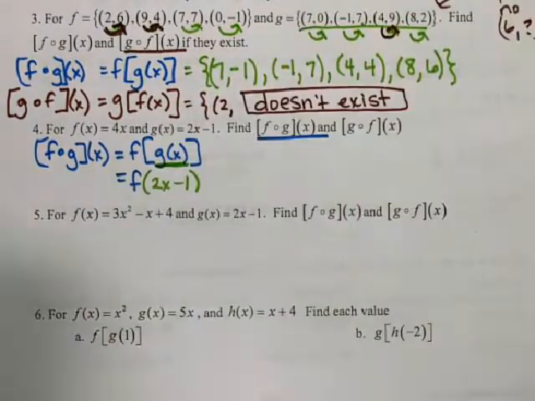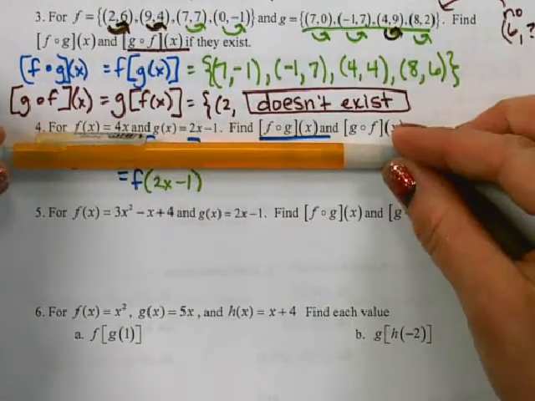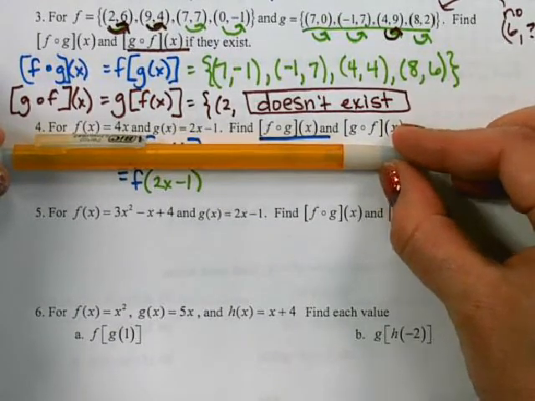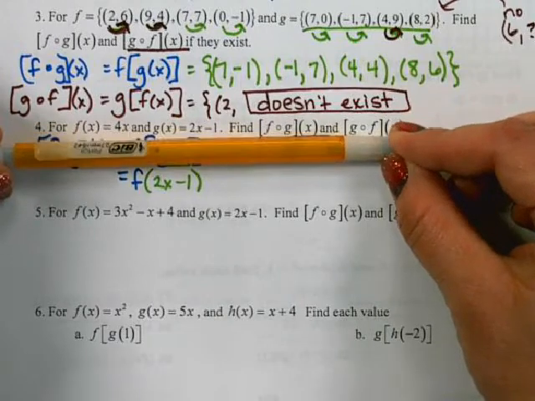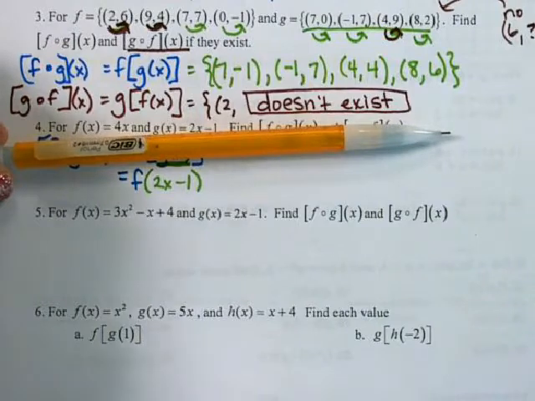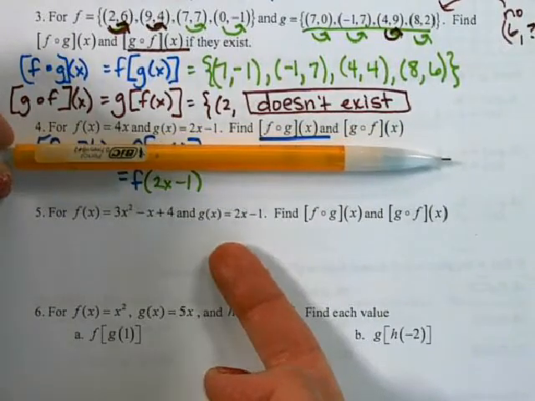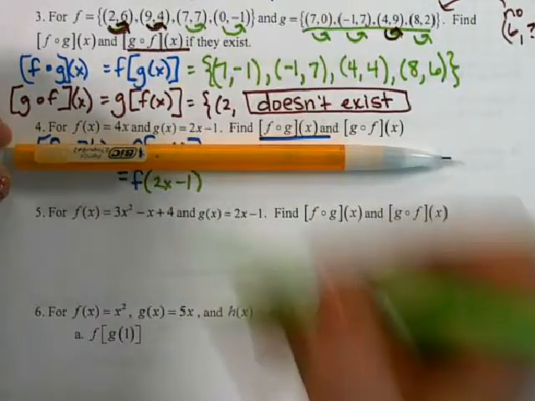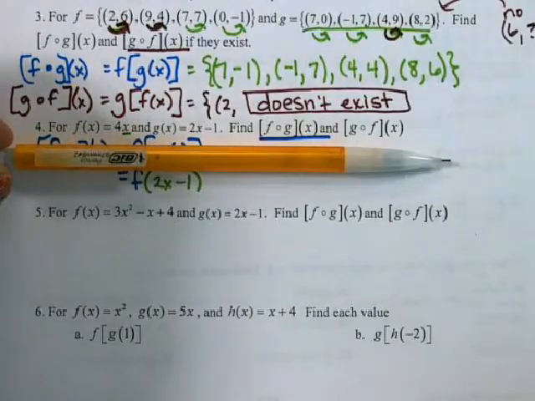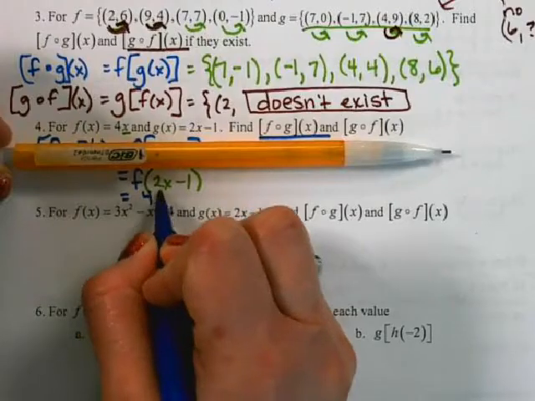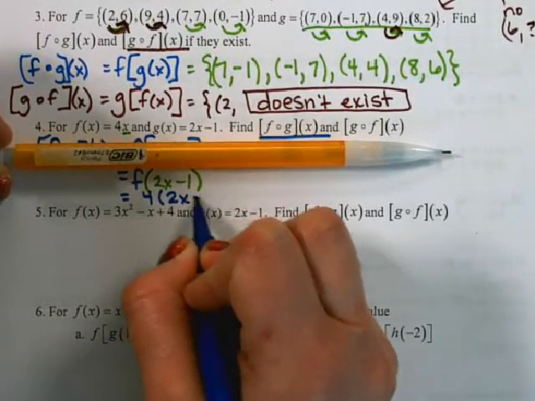Have you done that before? Have you done f of 2x minus 1? Yeah, we did that way back in the beginning of the chapter, right? I gave you a function and I told you to plug something into it. That's what we're doing now. Everywhere there's an x in my f function, I'm going to replace it with 2x minus 1. Again, think about replace. So this is 4 times 2x minus 1.